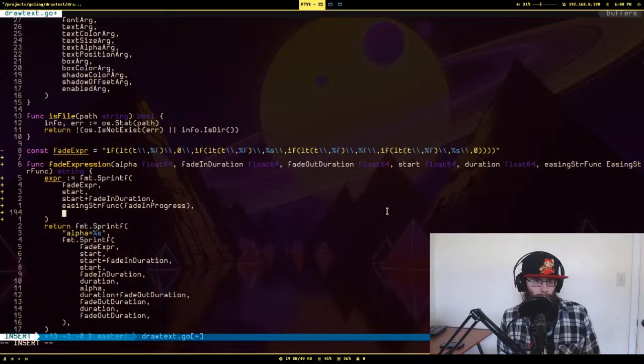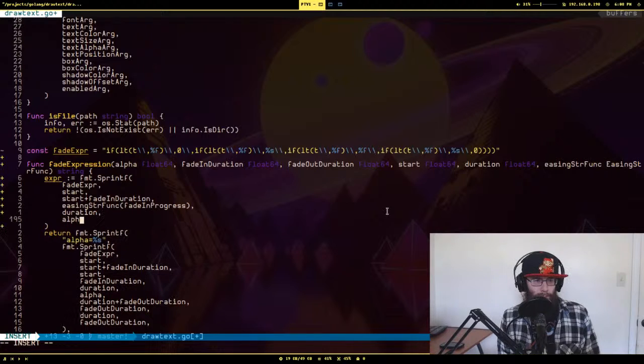I think this is duration. That's alpha. I might not even do the alpha part. We'll just say it's 1.